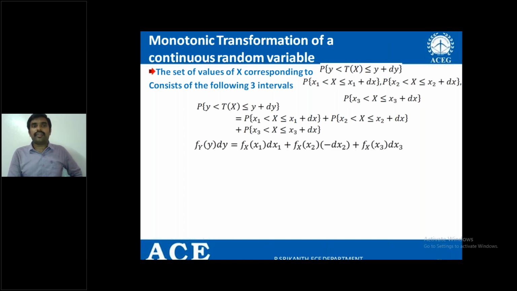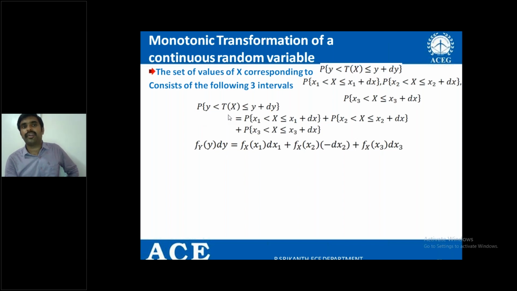So generally, how can I write this from the property of the density function? What is this actually? The probability between y and y plus dy is nothing but fy(y) dy. Why?